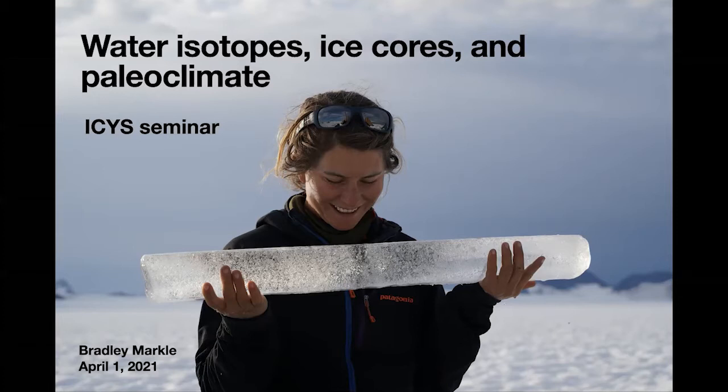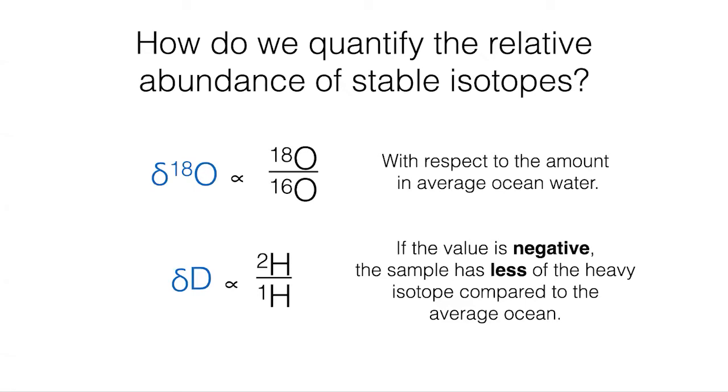So as I said, we're going to start really broad, and that means we're just going to talk about what an isotope is. Water, of course, is made out of oxygen and hydrogen. If you look at the oxygen in all the water in the world, most of it will be oxygen 16, meaning it has 8 protons and 8 neutrons in the nucleus.